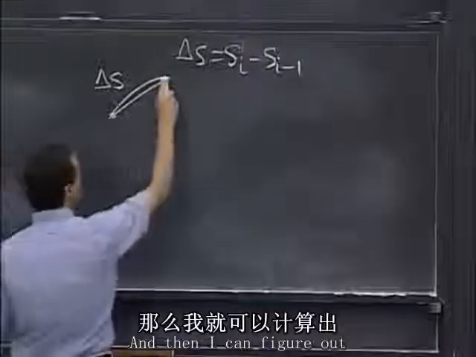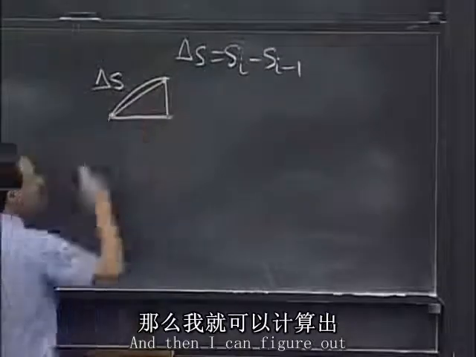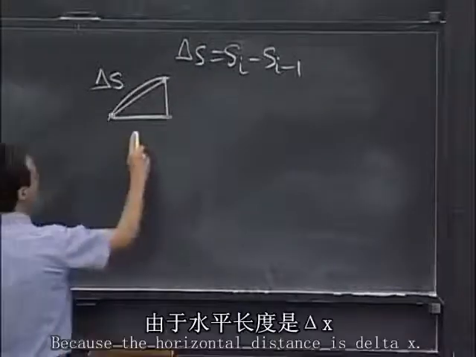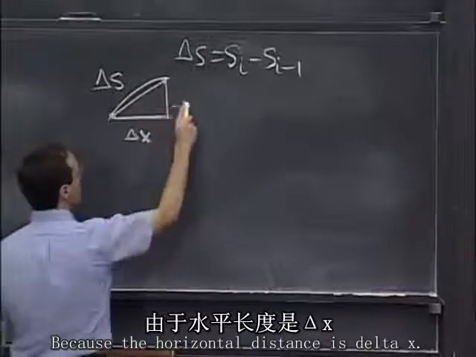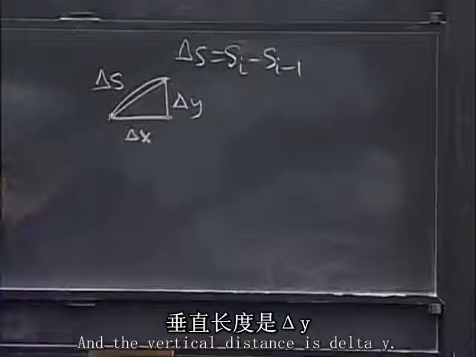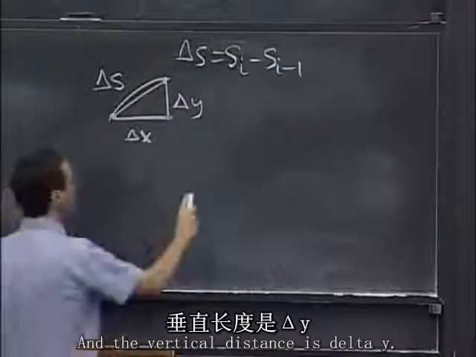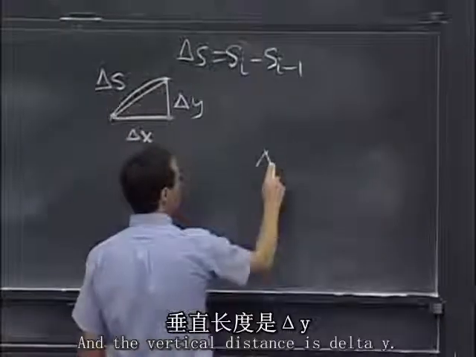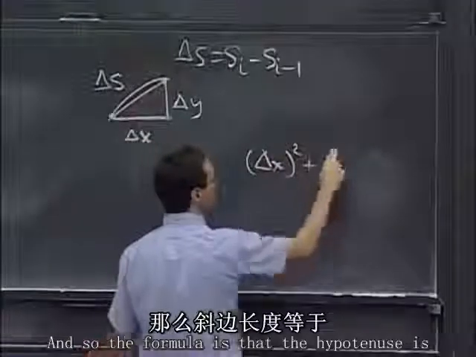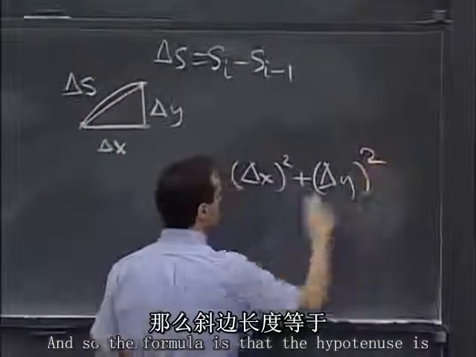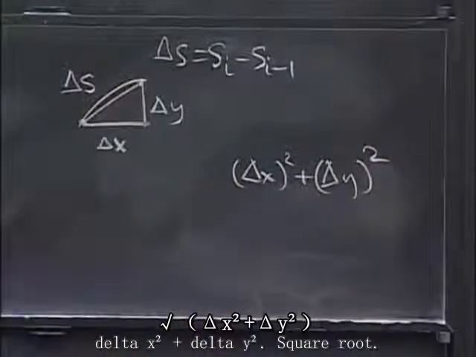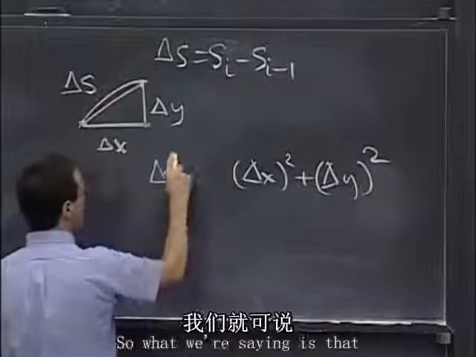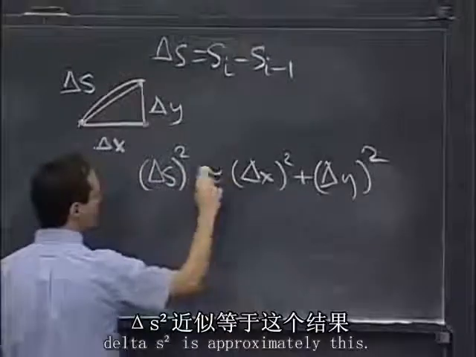And then I can figure out what the length of the orange segment is, because the horizontal distance is delta x and the vertical distance is delta y. And so the formula is that the hypotenuse is the square root of delta x squared plus delta y squared. And delta s is approximately that. So what we're saying is that delta s squared is approximately this.